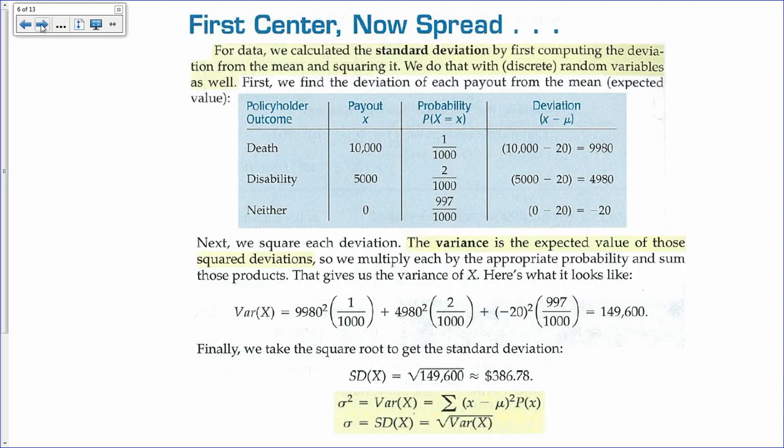Okay, next we'll turn to the spread, which is very similar to how we found spread before. Again, we will look at deviations from the mean or deviations from the expected value. We will square those, multiply those squared deviations times the probability of getting those deviations.